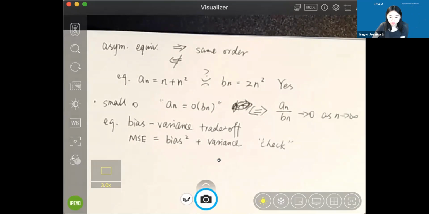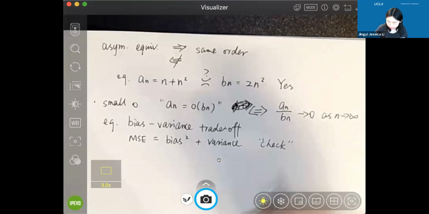Okay, so here we can talk about a very typical estimator, and this is in the notes. It's the Bayes estimator of a beta parameter.